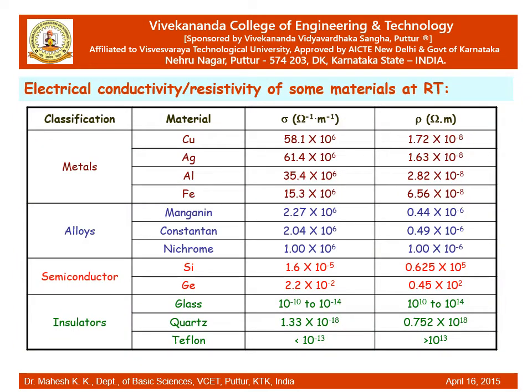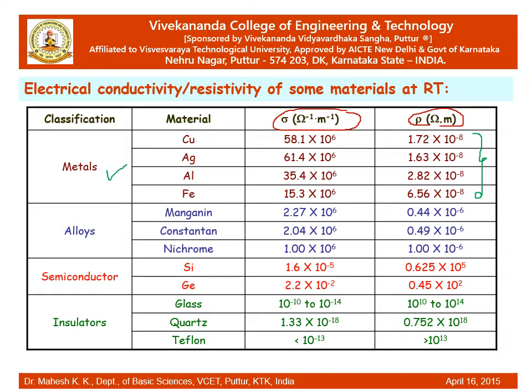The parameters that we learned, especially the electrical resistivity and electrical conductivity, we can use to classify the materials. If we have a resistivity value of around 10 to the power minus 8 ohm meter, then we can classify them as good conductors or metals.